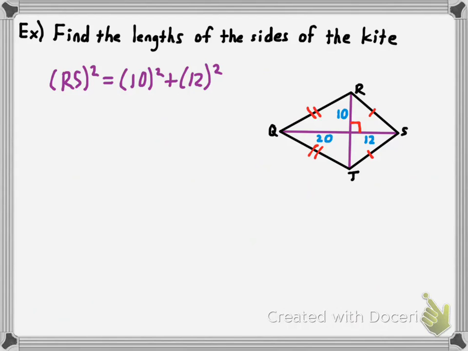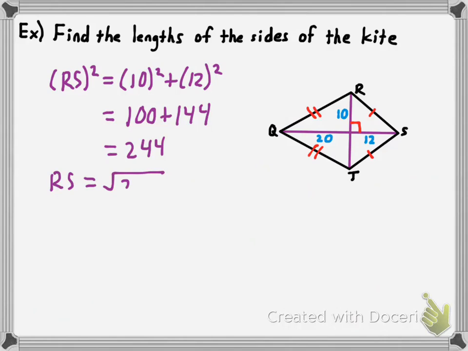Using the Pythagorean theorem, you can see that RS squared would equal 10 squared plus 12 squared. So that's 100 plus 144. So RS squared is equal to 244. And then RS would be the square root of 244. And we're going to go ahead and leave this as an exact value in simplified radical form. So let's think about what's a perfect square that's a factor of 244.